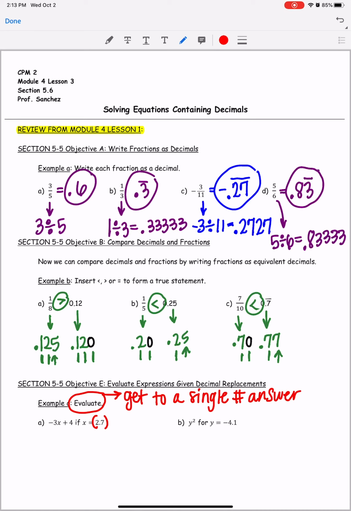Okay, x is 2.7, so plug that in. Get in the habit of plugging these in with parentheses. So that means I've got -3 times 2.7 plus 4. Hallelujah for calculators. Put this all in your calculator, just the way you see it here, and your calculator is going to spit out a -4.1.